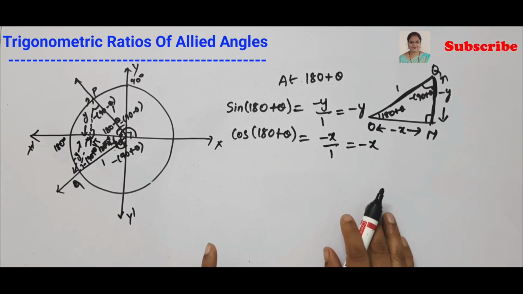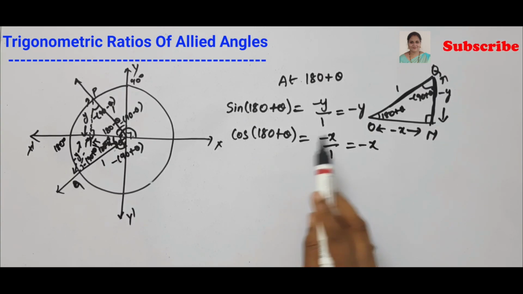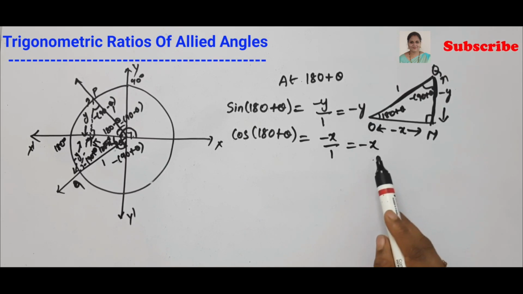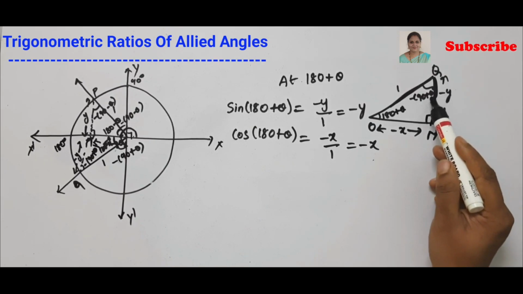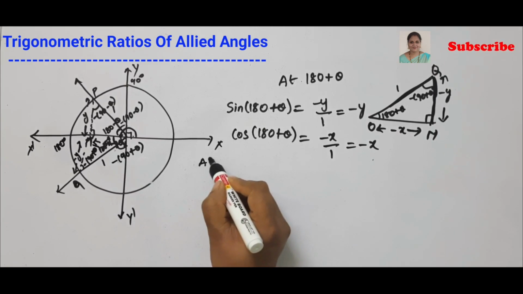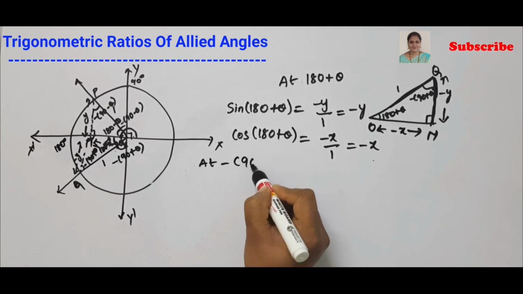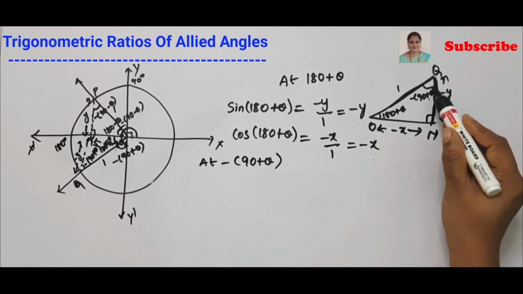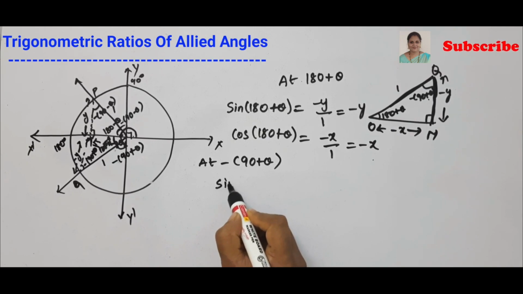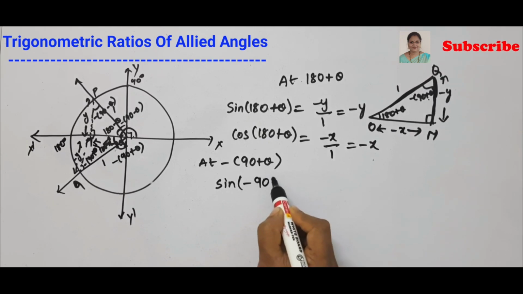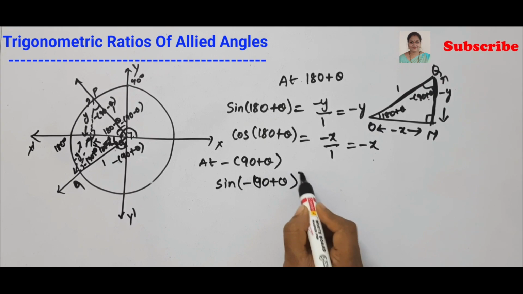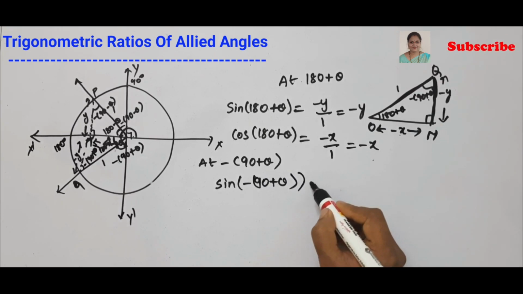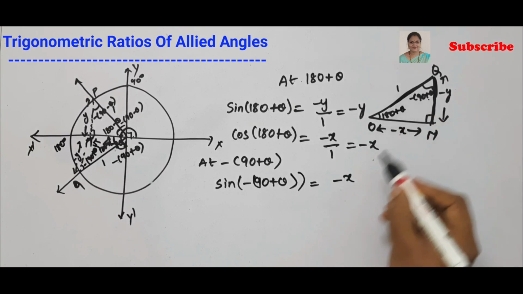We got sine of 180 plus theta as minus y and cos of 180 plus theta as minus x. We need to get the values of y and x, is it not? So let us use this angle, minus of 90 plus theta. Sine of minus of 90 plus theta is the opposite side to this angle, which is minus x, by the hypotenuse, 1.